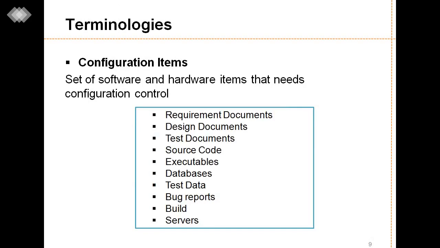Now, configuration items. It is a set of software and hardware items that need configuration controls, which includes requirement documents, design documents, test documents, source code, executables, databases, test data, bug reports, builds, and servers.